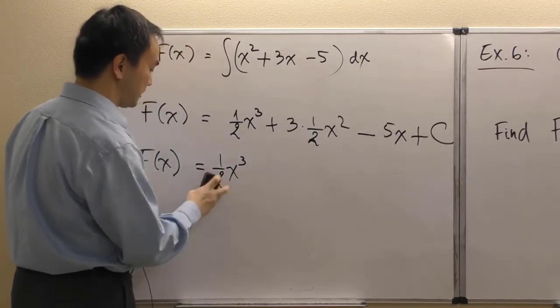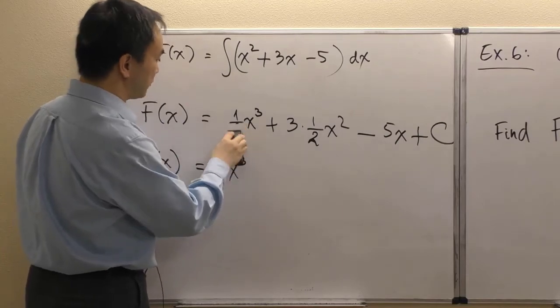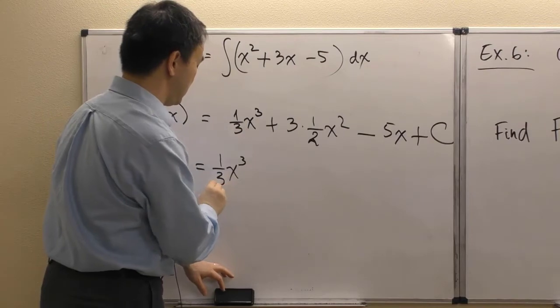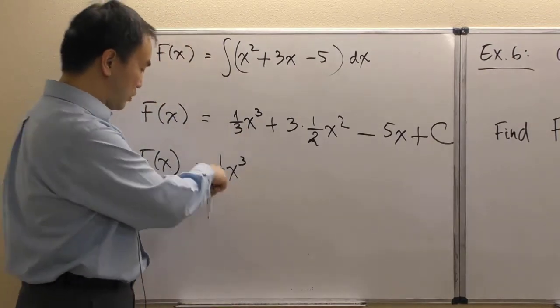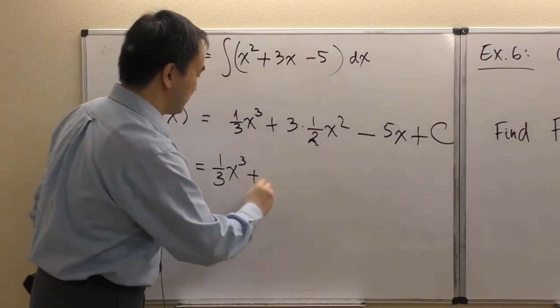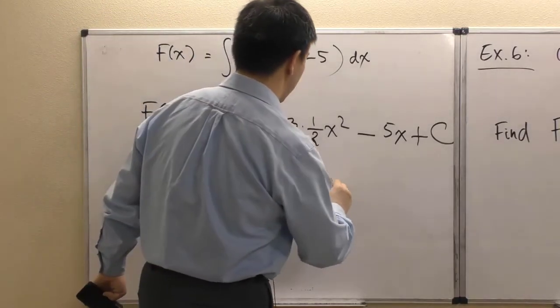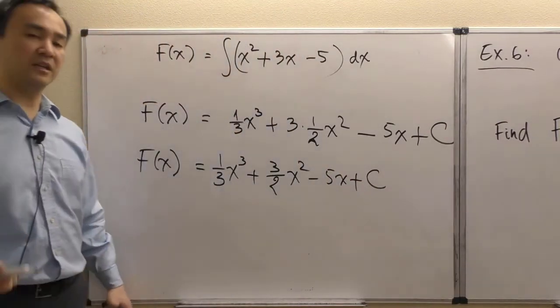Actually, I just now realized I've been wrong the whole time since step 2 here. This is supposedly 1/3 x cubed plus 3/2 x squared and then minus 5x plus C. So there we have found for ourselves the antiderivative.